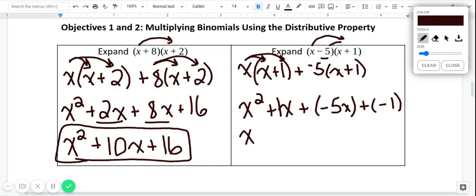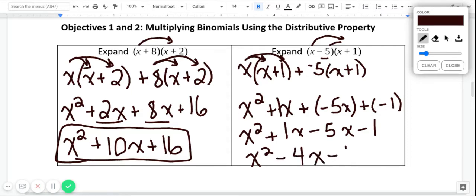So I just added a step here, but you might be able to do that in your head. So this is x squared plus 1x minus 5x minus 5. Now I can combine like terms. This is really just x squared, 1x minus 5x, that's a minus 4x, minus 5. And that's how we expand polynomials using the distributive property.